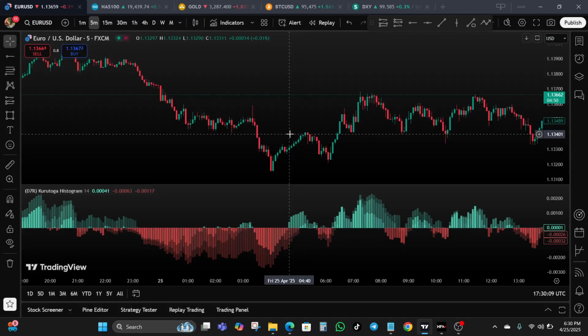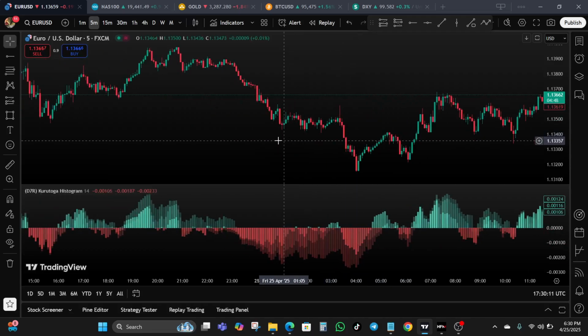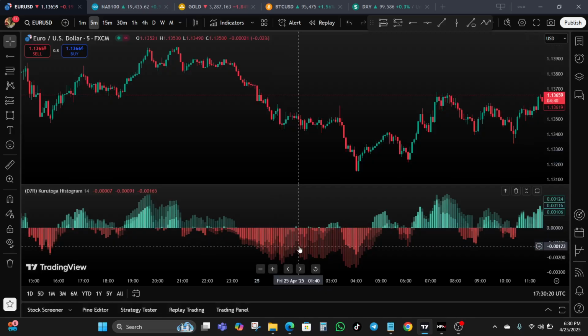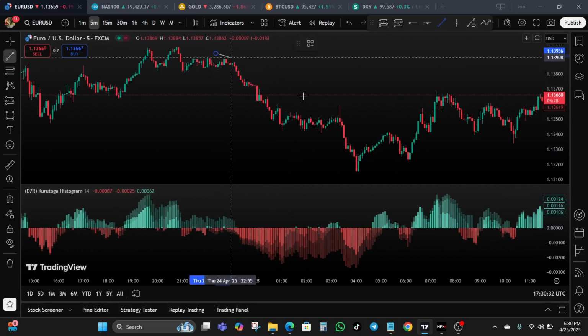Okay, now for several reasons, you can consider this indicator one of the best trend filters on TradingView. One is that it has clear visuals. You can see the color-coded histogram makes it simple to spot whether the market is trending up or down at a glance. When you notice the red histogram bars, obviously it means that you have a bearish trend.